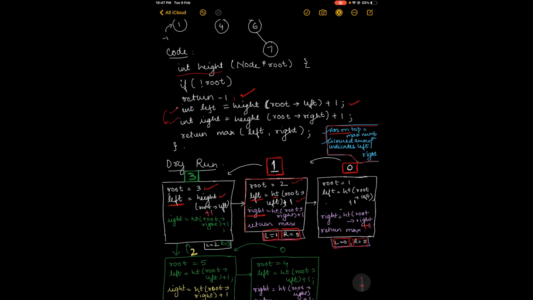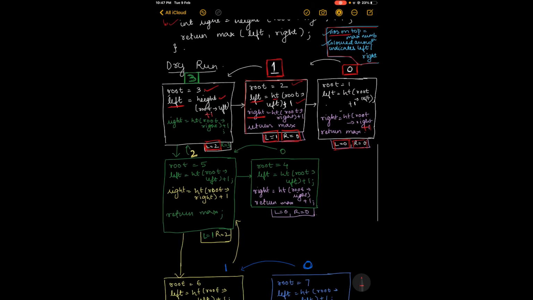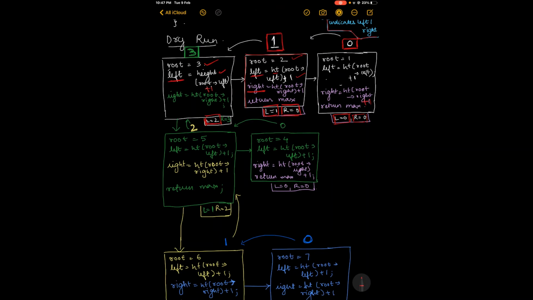So 1 plus 1 in this left will give us 2. So we can say that this is also correct, that is left is equal to 2. Now we can see that left is equal to 2, so this part is done.